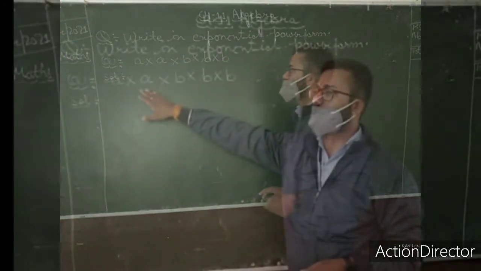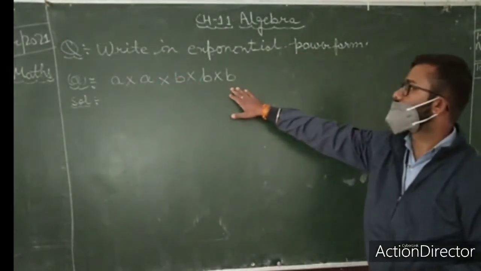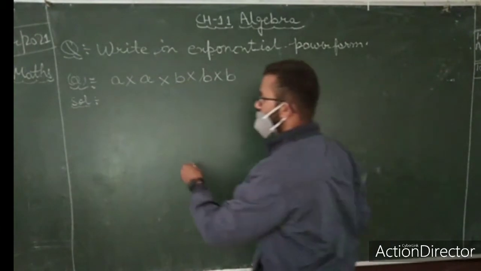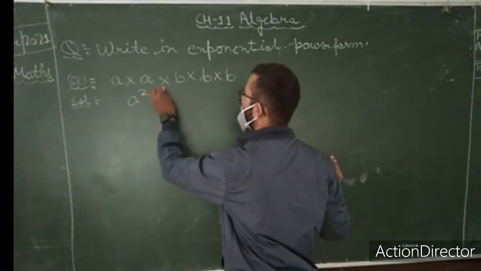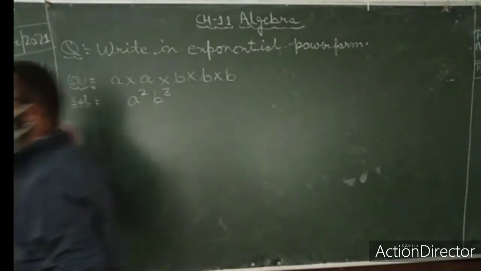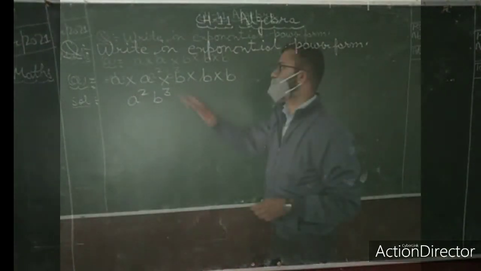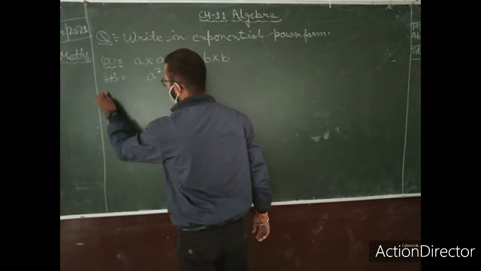So first we write a to the power 2, b to the power 3. We write a to the power 2 and b to the power 3 because here we check the total repetition first.